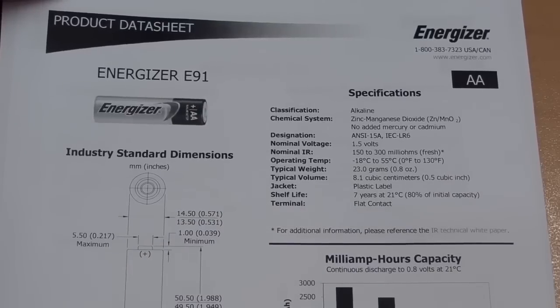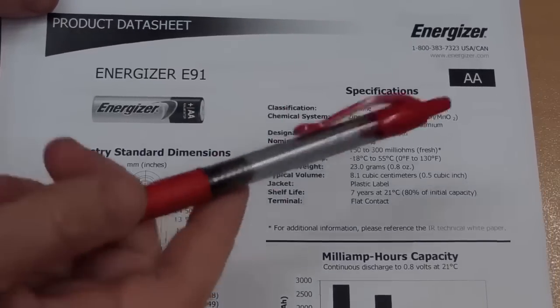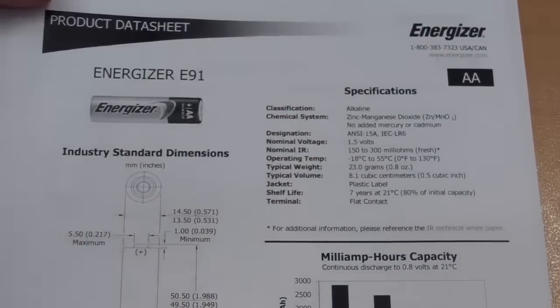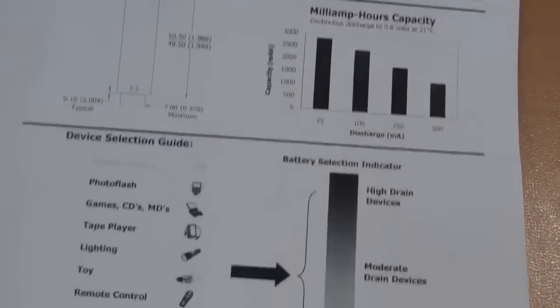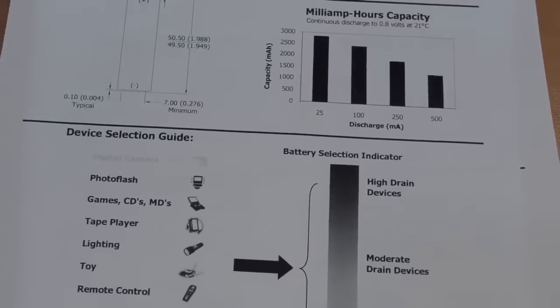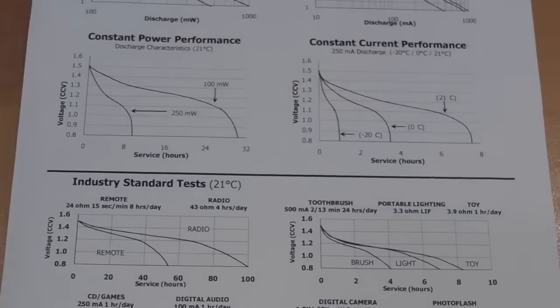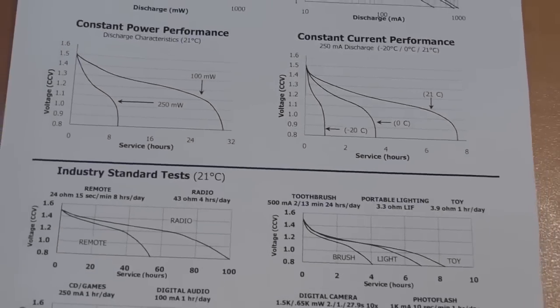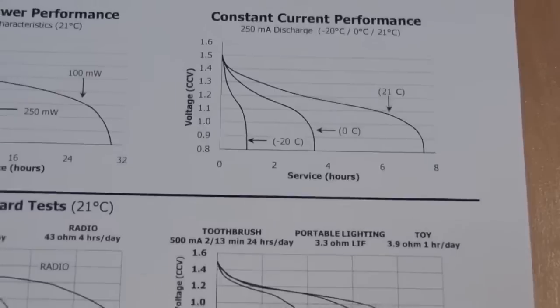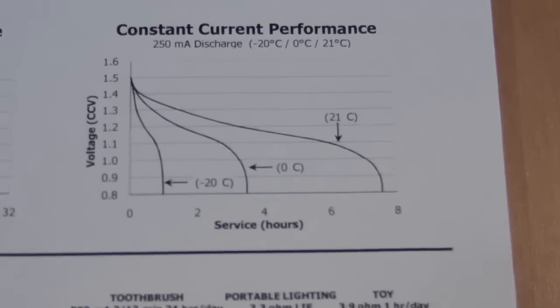Okay, now let's take a look at some real data sheets. I've got an Energizer AA here. It's an alkaline AA, standard Energizer. You know it, you've used it. And let's take a look at the effect of the cutout voltage on your actual product. If you're designing a product, let's look at a typical discharge curve right here.